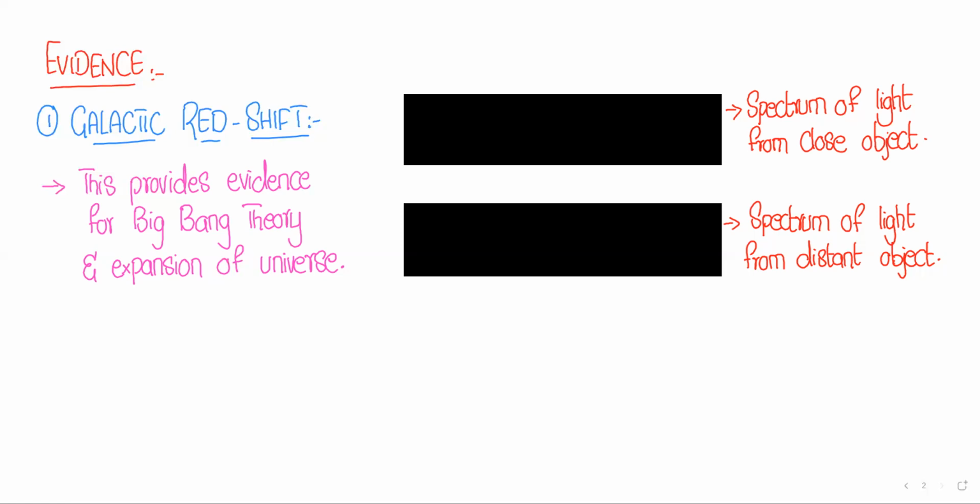So if light is coming from a close object, the spectrum will be like this. Let's suppose we consider the red region, then we have orange, then yellow, then green, and finally the purple region over here.